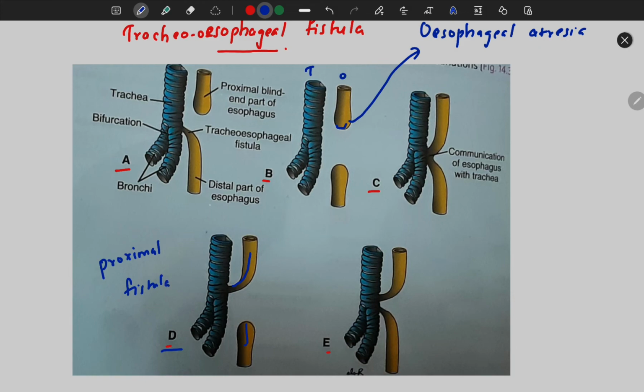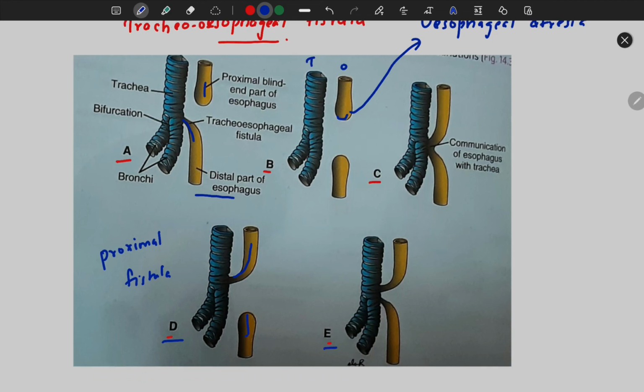In this type you can see that the distal part of the esophagus is communicating with the trachea, whereas the proximal part ends as a blind sac. In this type the esophagus is communicating with the trachea through two channels.